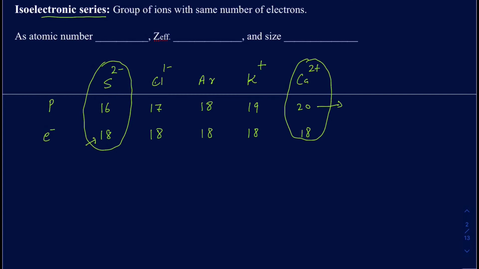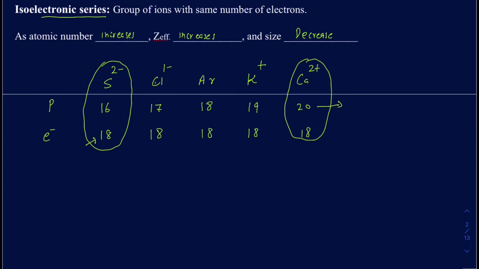So we can clearly say as the atomic number increases, your Z effective is also going to increase because the control increases over the electrons that are outside. And since the Z effective is going to increase, your size is going to decrease. So that's one way of looking at it.